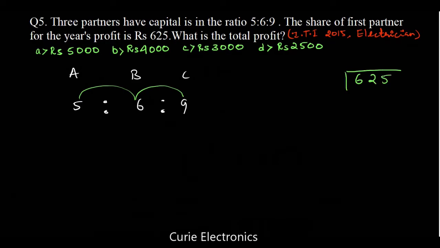But what is the proportion of his shares? 5. So 625 divided by 5 should give you 125.